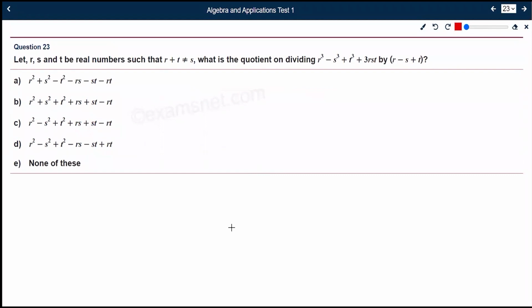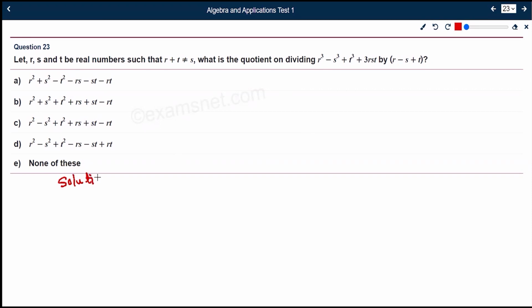Let's start solving question number 23. Let R, S, T be real numbers such that R plus T not equals S. What is the quotient on dividing R cube minus S cube plus T cube plus 3RST by R minus S plus T? Okay, let's start with the solution.